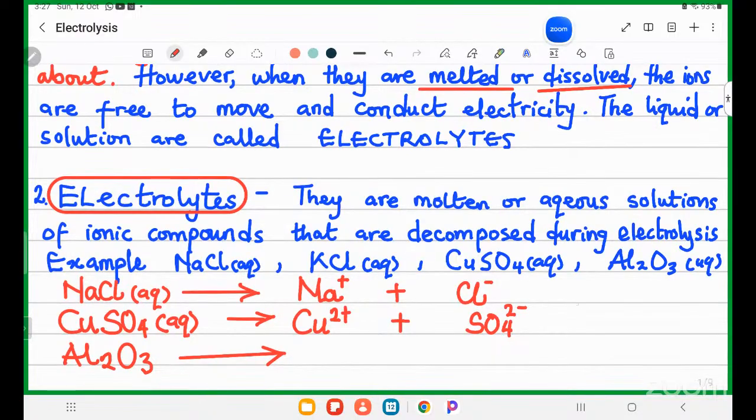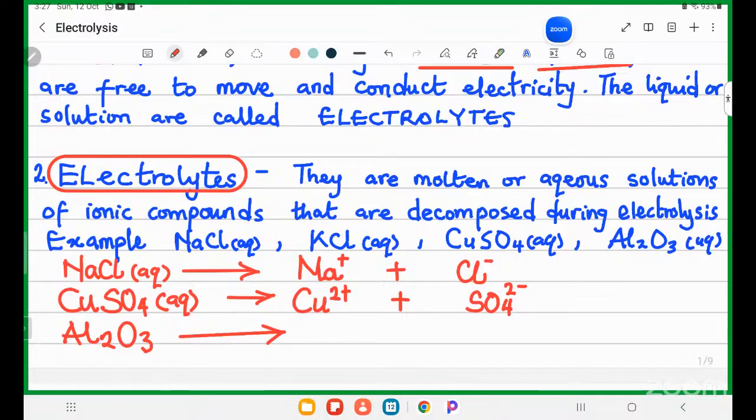Can you tell me what will be formed when aluminum oxide ionizes? Al3 plus and O2 minus.